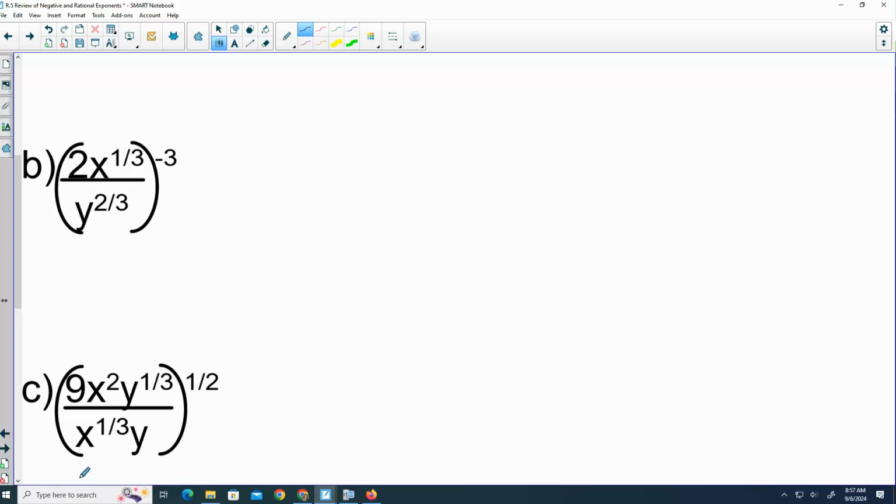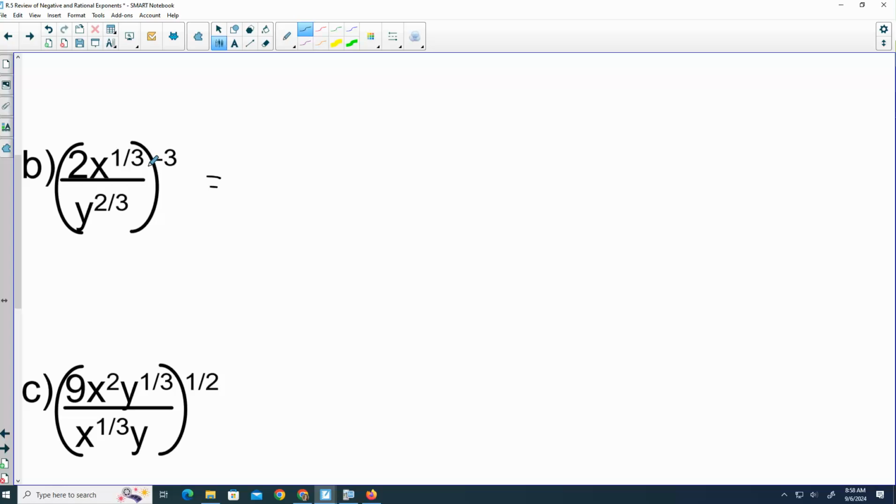Two x to the 1/3 over y to the 2/3. And that whole thing is to a -3rd power. If the whole thing is to a negative, what will happen to my fraction? It flips.